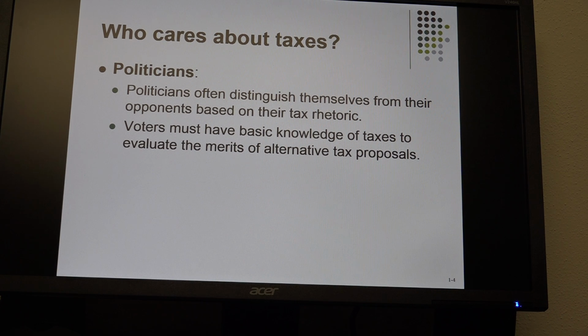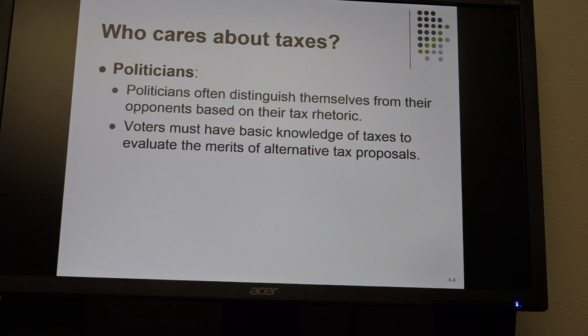Politicians care about taxes because they're walking this fine line between satisfying constituents and making sure that the government has enough money to run on. Of course, it can also mean how much power the politician has as well.